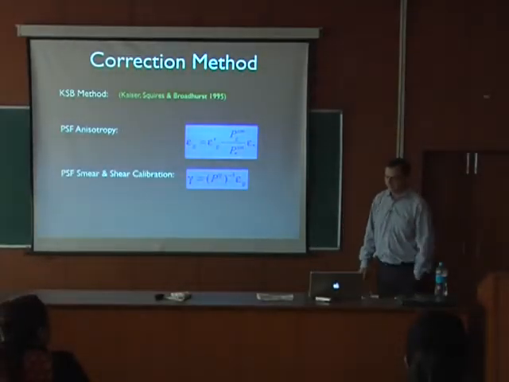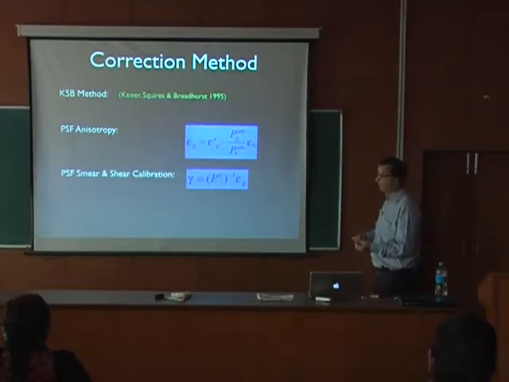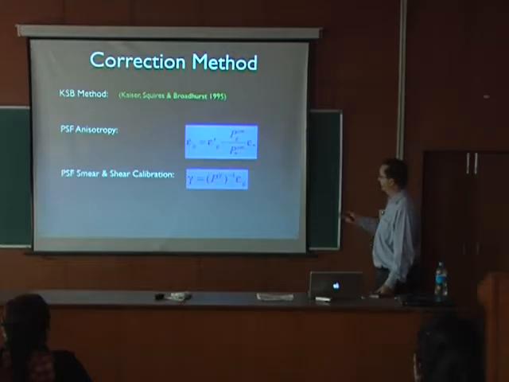Okay, so once we've done this, we can then use that measurement or that model for the point spread function to correct for the PSF. And one can show, again, Kaiser, Squires and Broadhurst, 95, this KSB paper has shown how one can do that. A little bit of algebra, but not very difficult, shows that basically you can get the true ellipticity of the galaxy after lensing from the observed one.